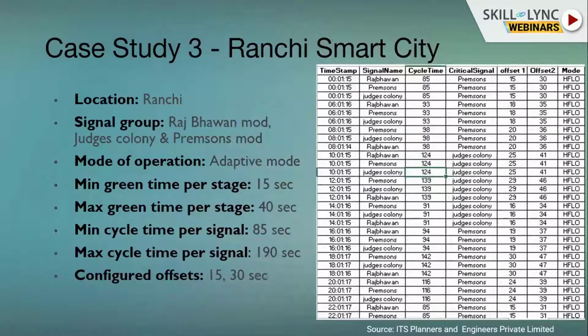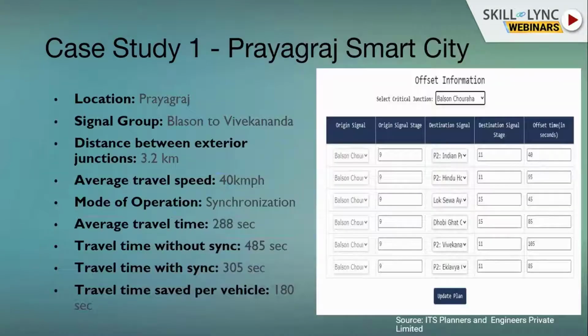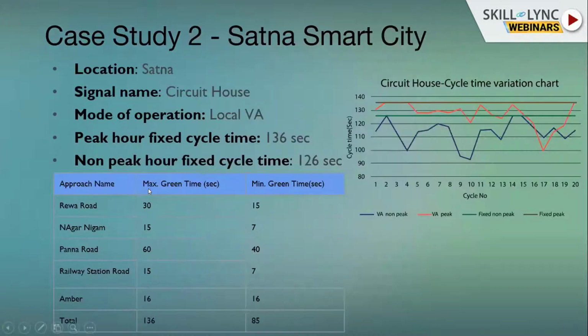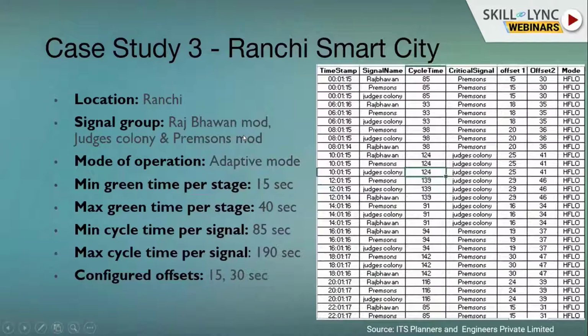In Ranchi Smart City, the adaptive traffic control system has been deployed, which works automatically. In Prayagraj Smart City, you can see the manual input of the values, right? But if you see Ranchi Smart City, all the offsets are getting changed on their own because of the deployment of artificial intelligence based algorithms.